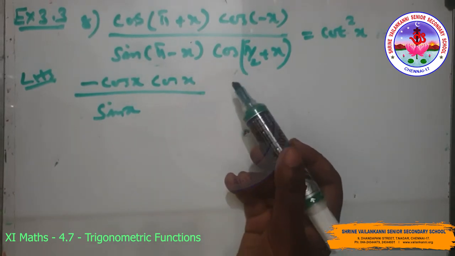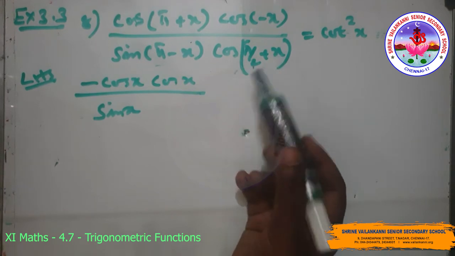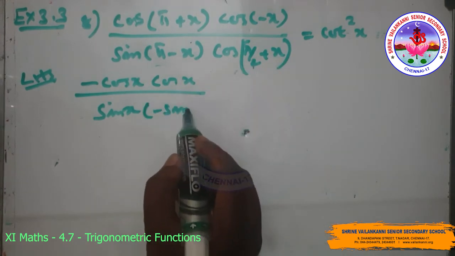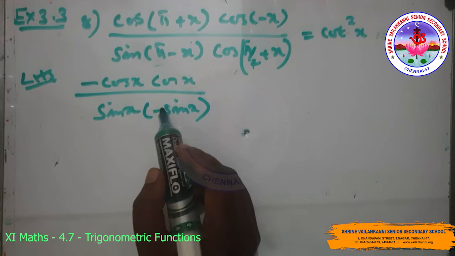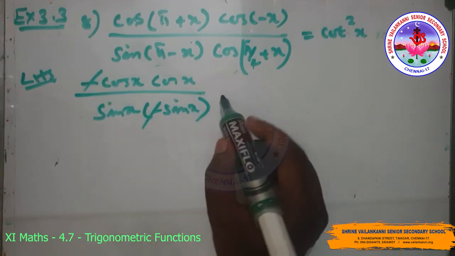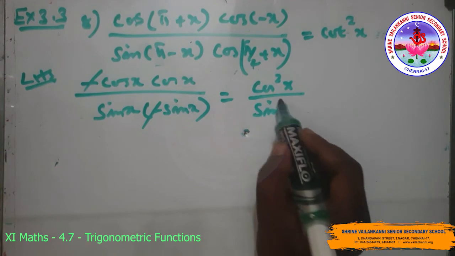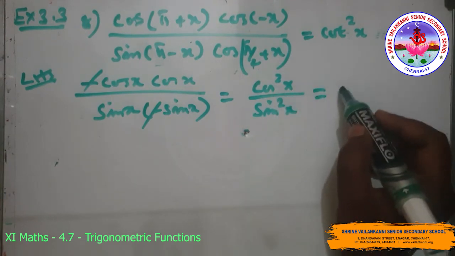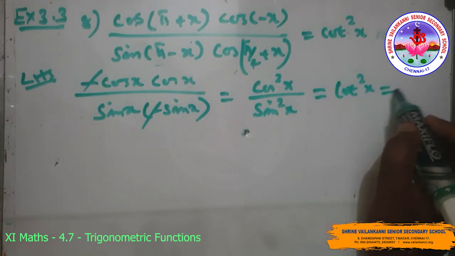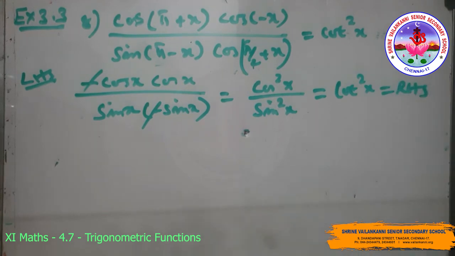Here cos is negative, so cos of pi by 2 plus x is minus sin x. So cancelling minus minus, we get cos square x by sin square x. So cos by sin is cot, that is cot square x, which is RHS.